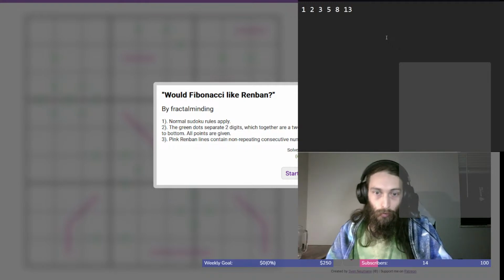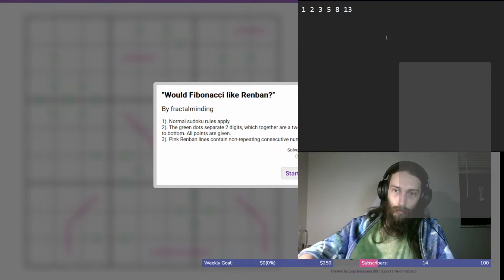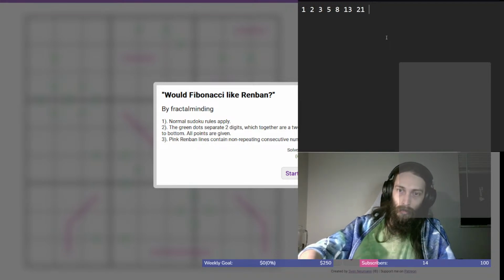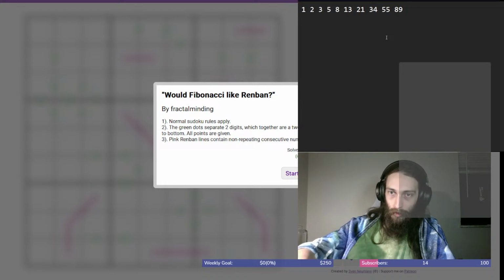That's the first 2-digit Fibonacci number. 8 and 13 is 21. Then you have 34, 55, 89, and then you'd hit the 3-digit numbers, which would be 144.